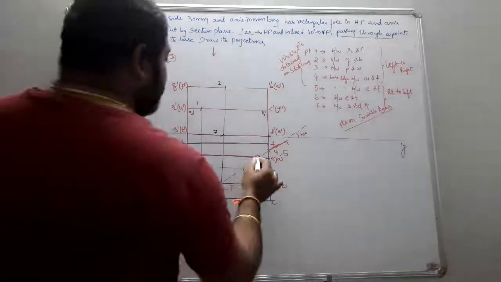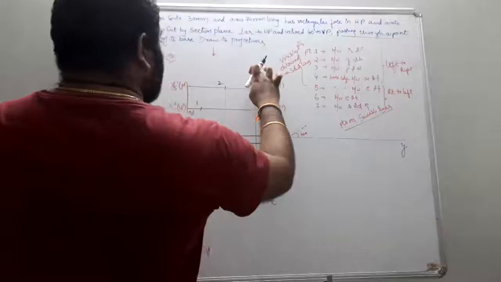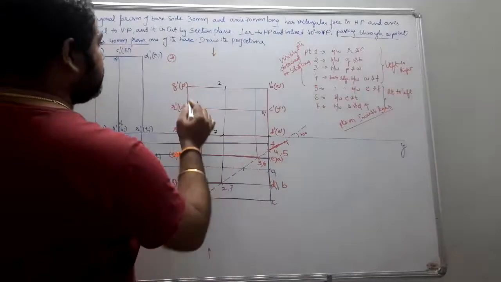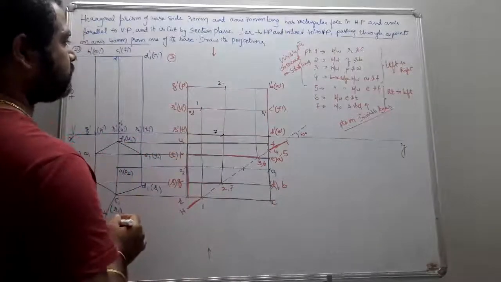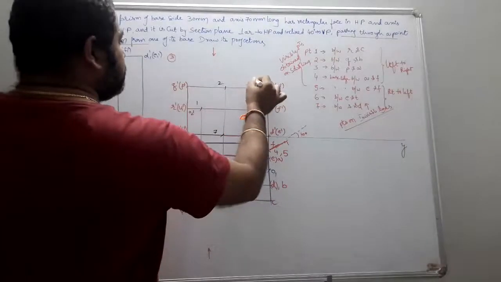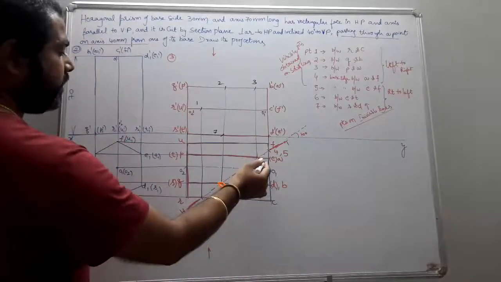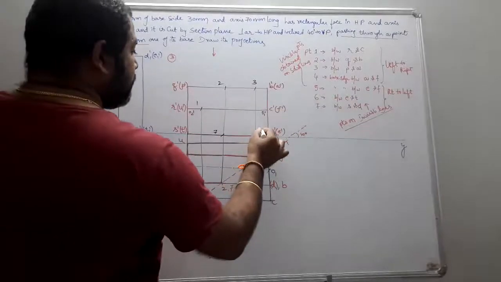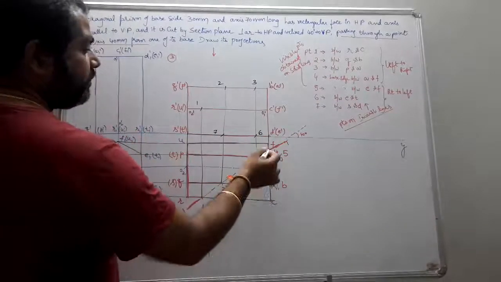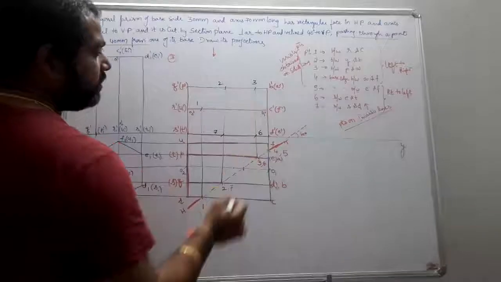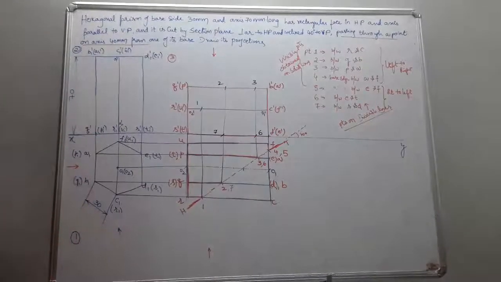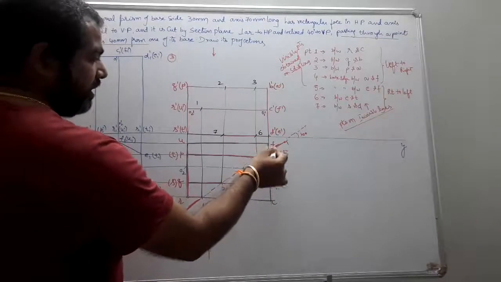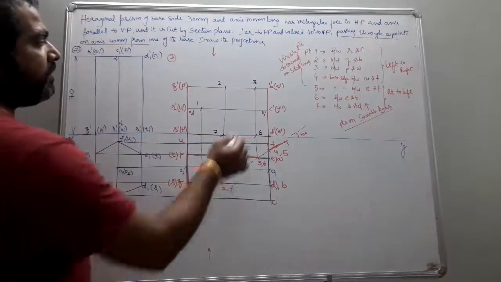Next, 3 and 6. Point 3 is in between P and A. Point 6 is in between T and E. And the fourth point is in between F and A.